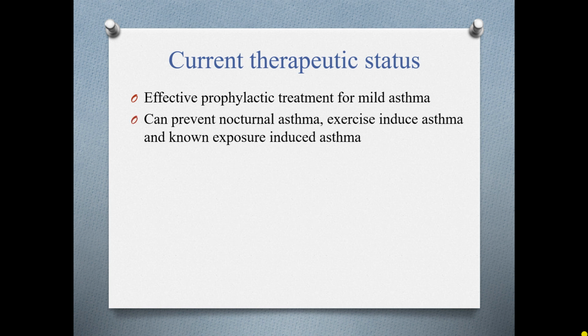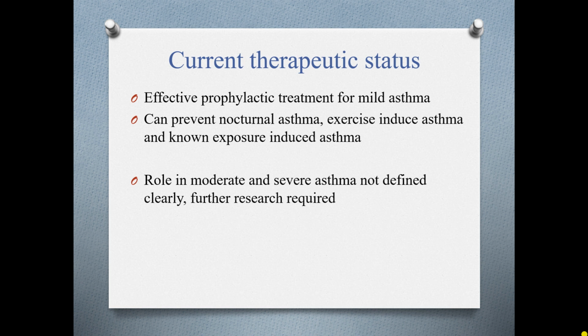They can prevent nocturnal asthma, exercise induced asthma and non-exposure induced asthma, which means these drugs are useful if you take the drug before the asthma attack starts, because they can inhibit the synthesis and they can block the receptor, but they cannot reverse the action of already produced leukotriene, or of leukotrienes already combined with the receptor. So these drugs are useful as a prophylaxis. One should take the drug before the onset of bronchial asthma.